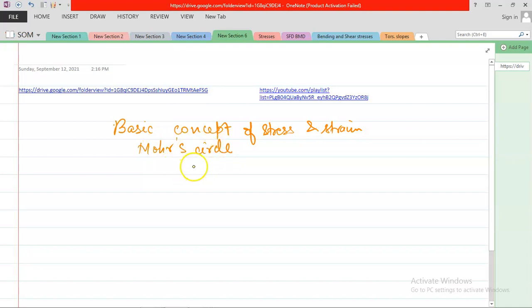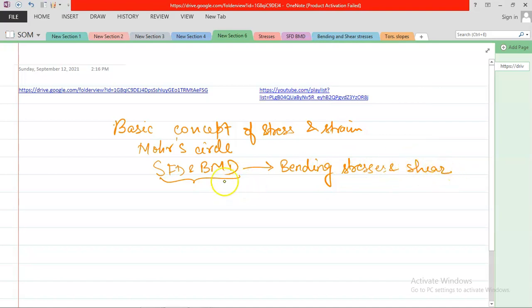Just after that, we went with bending and the SFD and BMD diagrams, meaning shear force diagram and bending moment diagram, and this leads to bending stresses and shear stresses.